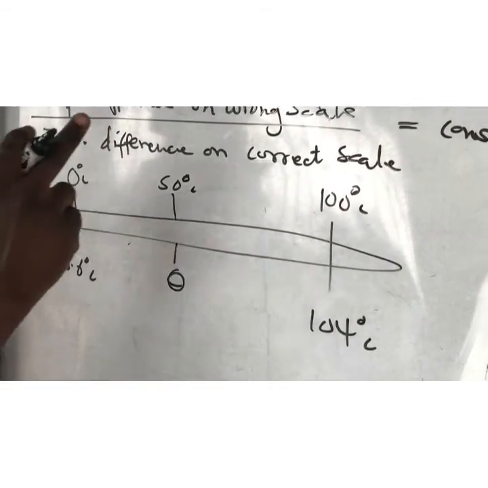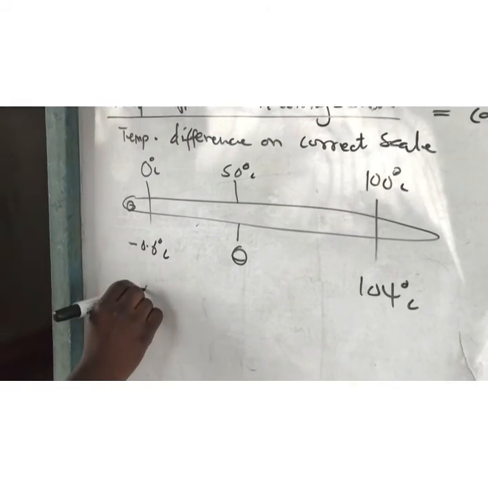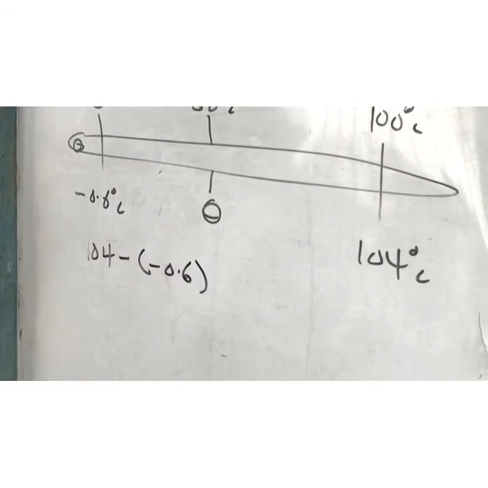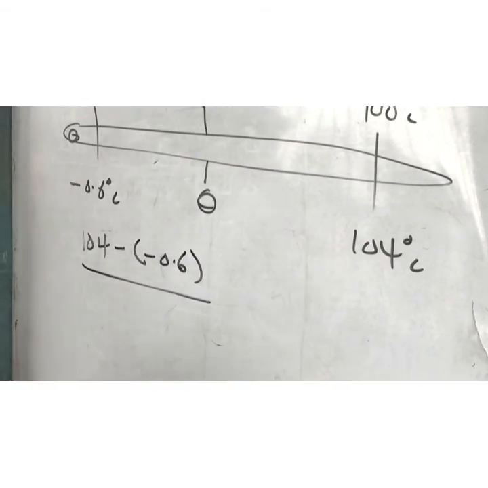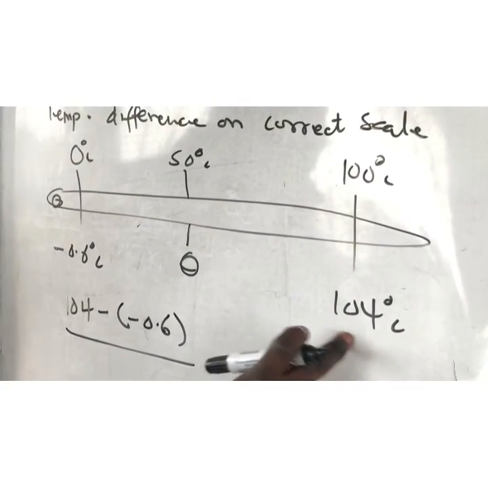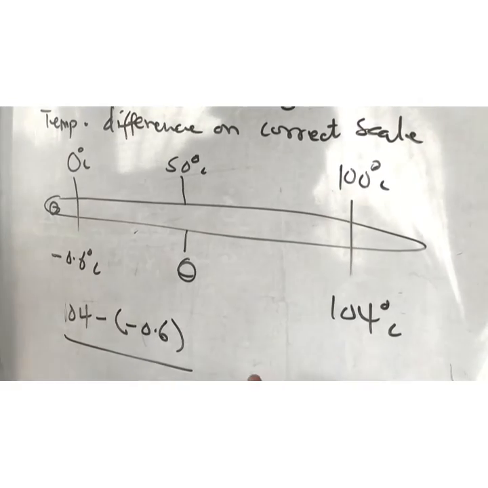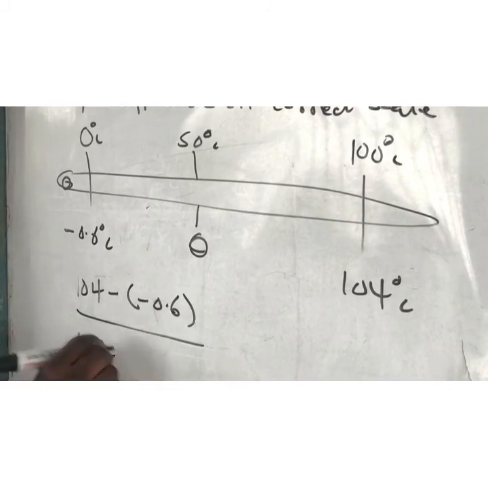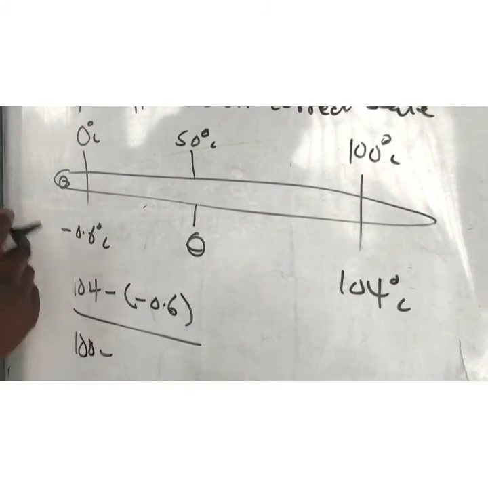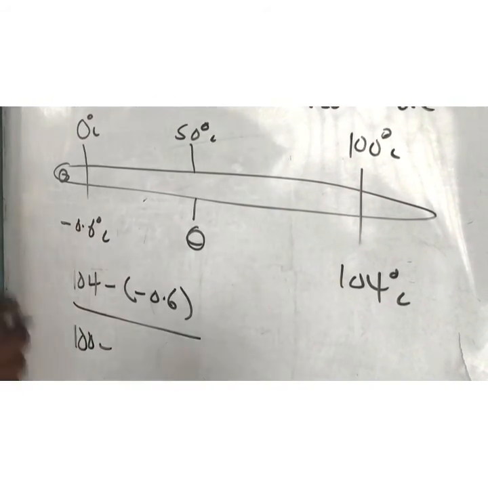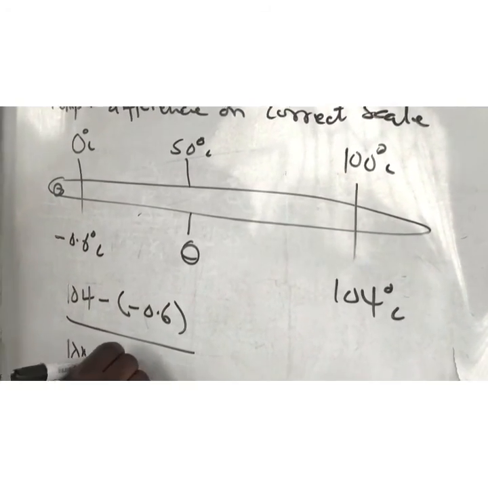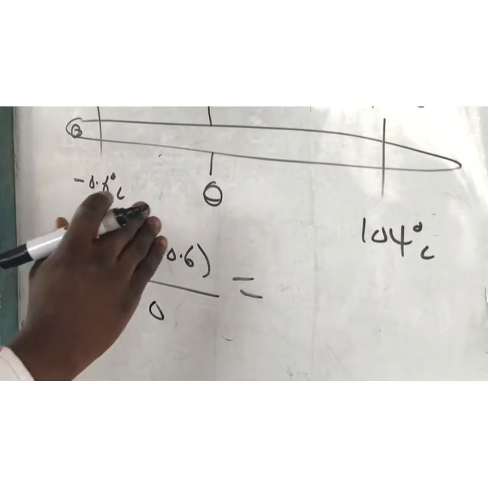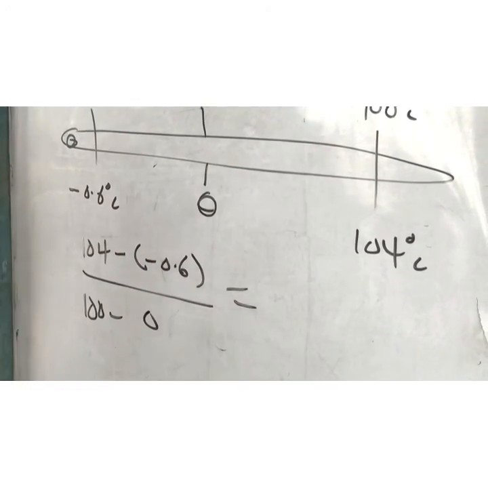So on the wrong scale, we are going to have 104 minus negative 0.6 divided by the correct scale. This 104 degrees Celsius is corresponding to 100 degrees Celsius on the correct scale, so here will be 100 minus, and this negative 0.6 is corresponding to 0 degrees Celsius on the correct scale, so minus 0, which is equal to constant.